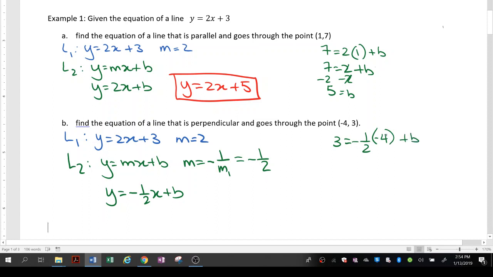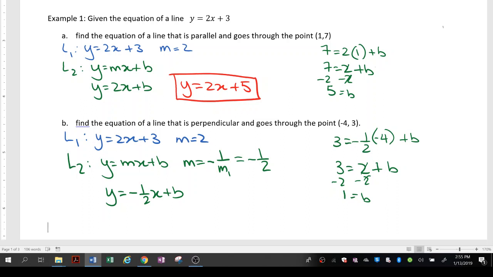So let's simplify here. We have negative 4 times 1/2, and that's going to give us positive 2. So 3 is equal to 2 plus b. Now let's subtract 2 from both sides to isolate b. So b is equal to 3 minus 2, or 1. So now we can put that into this equation.